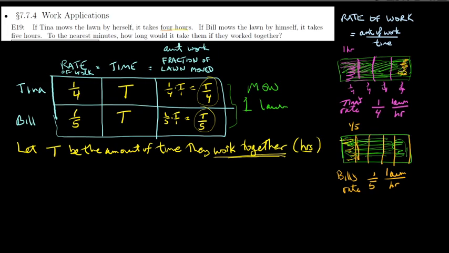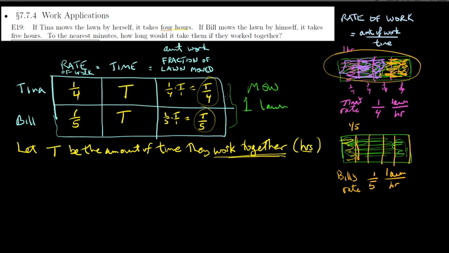In fact, she does a little bit more than Bill because she works faster. And then Bill finishes this part of the lawn. And so essentially, they complete the entire lawn together. In other words, it's just one lawn.